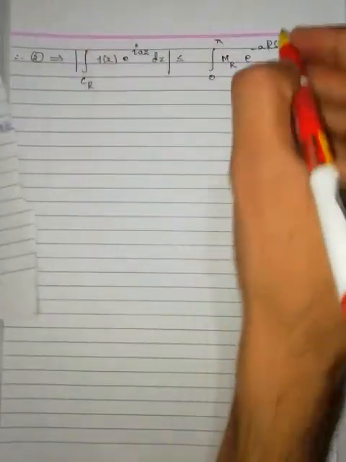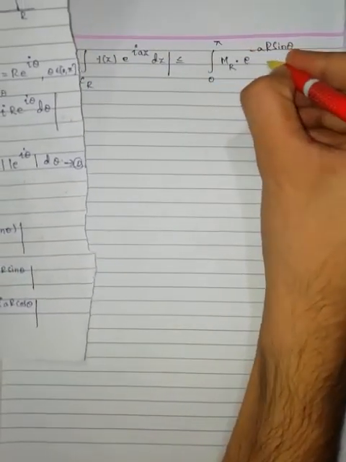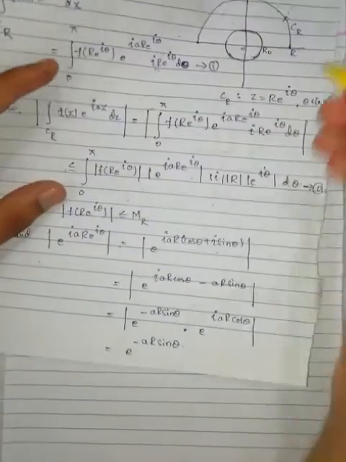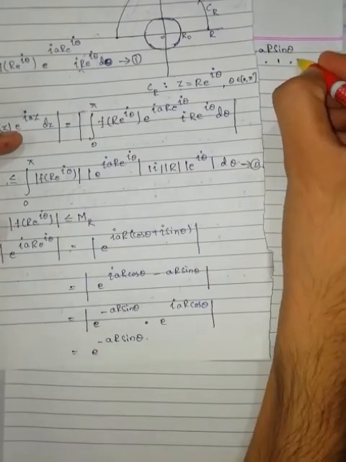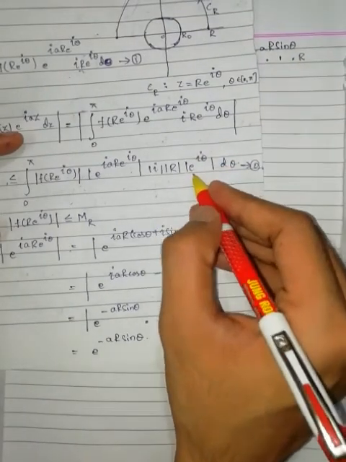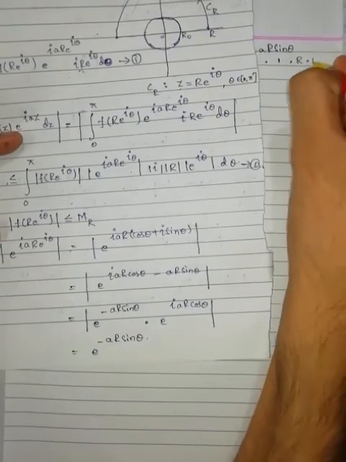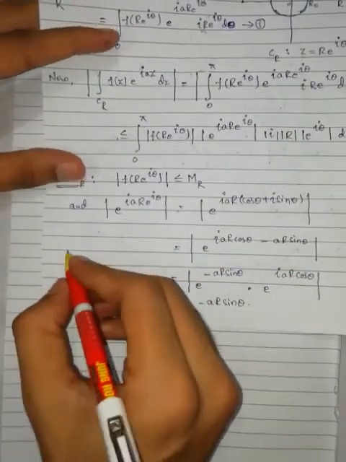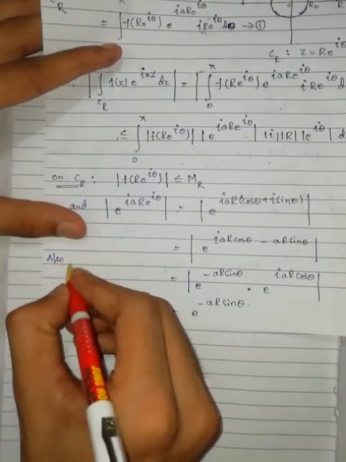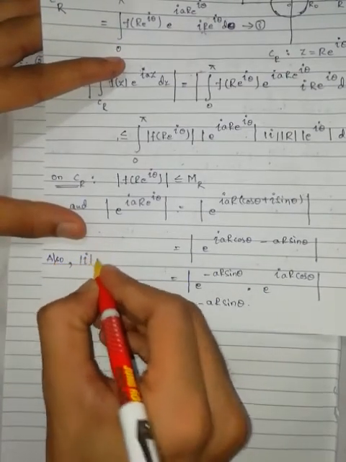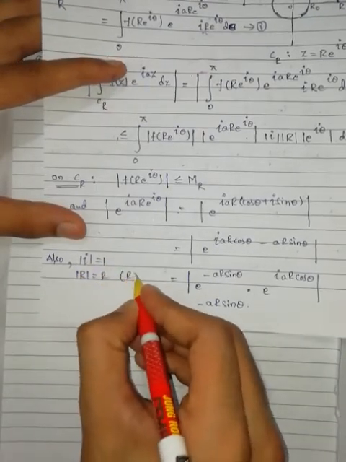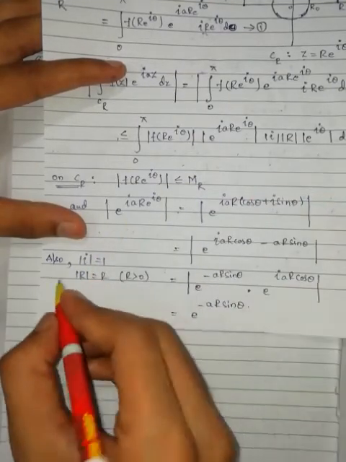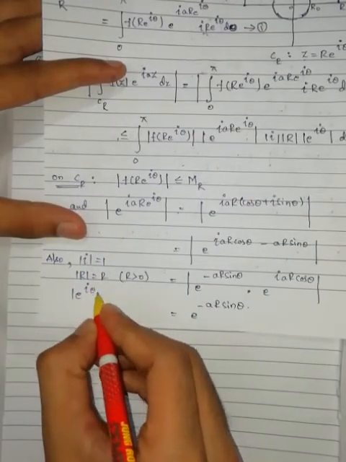Absolute value of iota is 1. Since R is the radius, radius is always greater than 0, that is positive. Absolute value of e to the power of iota theta is 1, d theta. Here if you want, you can also write modulus of iota is 1, modulus of R is equal to R, since R is the radius greater than 0, modulus of e to the power of iota theta is 1.